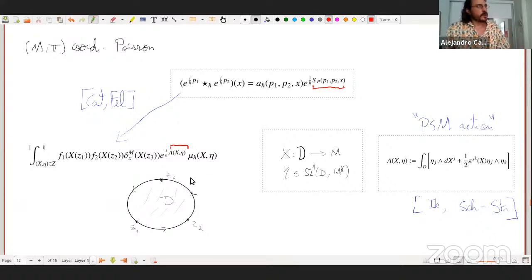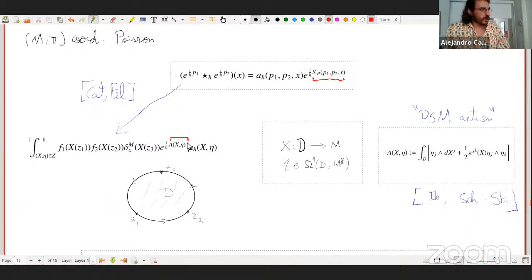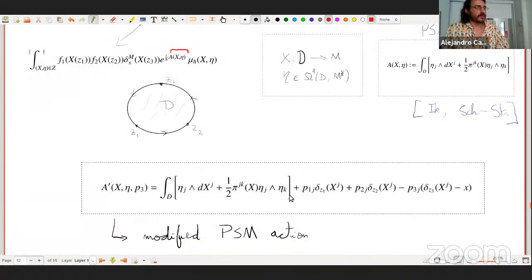So the result of all those considerations leads you to a certain exponent, which is this one that I just wrote. It's the Poisson sigma model action plus these linear terms on the p's. Here, instead of writing x evaluating at z1, I write the delta distribution on the disk evaluated on this map and so on. I call this the modified Poisson sigma model, I think.